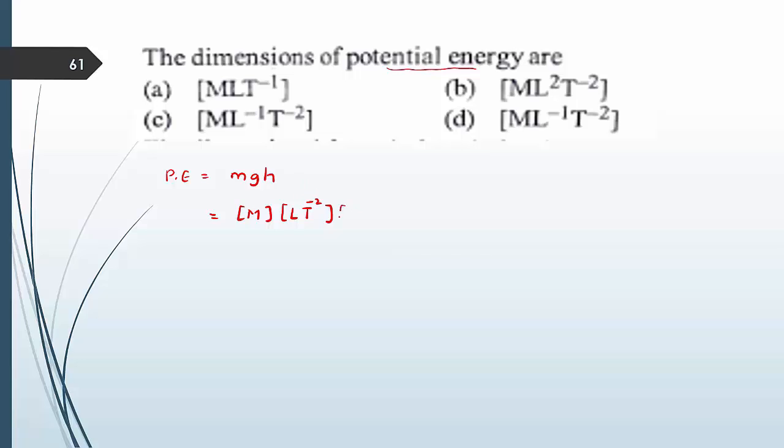H is height. Height is equivalent to length. So the dimensional formula for potential energy will be what? M L square T raised to minus 2. This is the dimensional formula for potential energy. M L square T raised to minus 2. That means option B is right.